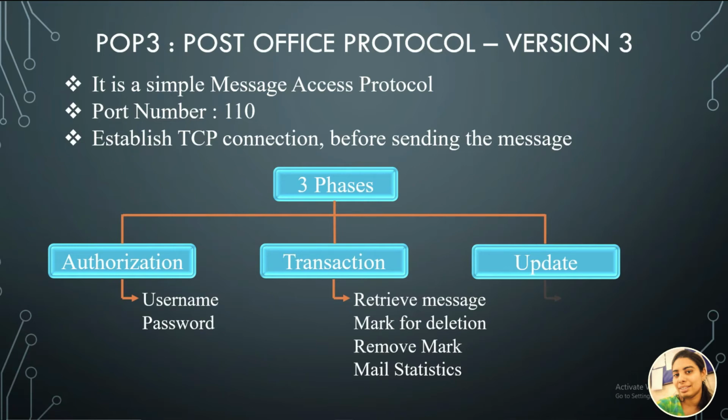Whatever action is performed in the transaction phase will be updated when the user quits the transaction phase and enters into the update phase. So the work of the update phase is to record whatever actions or tasks were performed during the transaction phase.